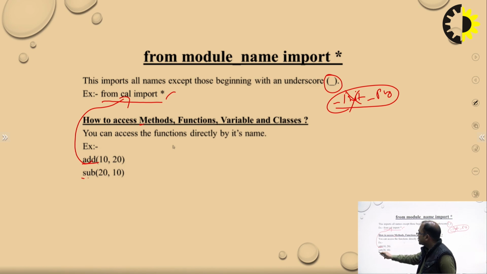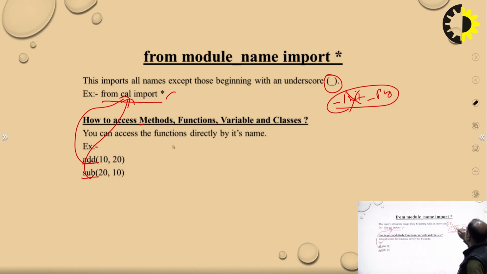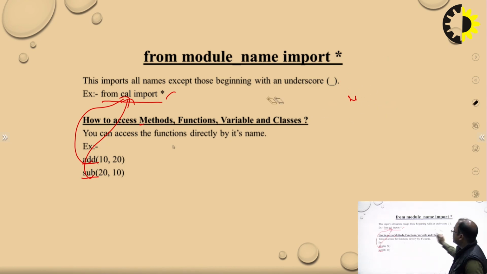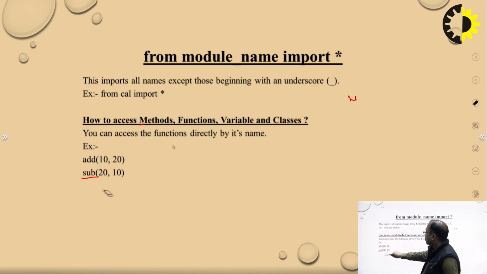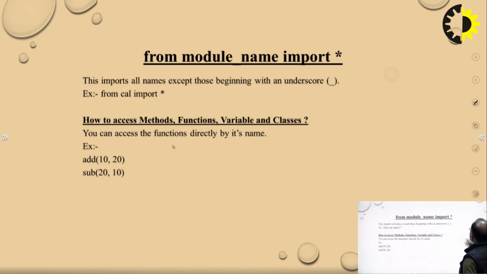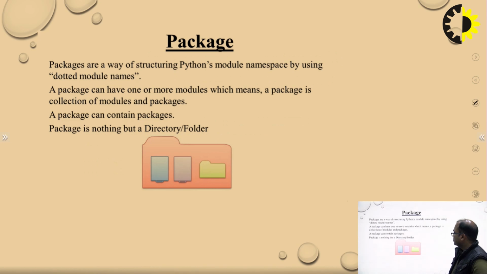We can directly write sub, it is also inside this call. Clear? So this is what we can access with the help of star. Star means all the functions, all the variables, all the classes can be accessed directly with from call import star. Whenever we use star, we can access everything inside that module.